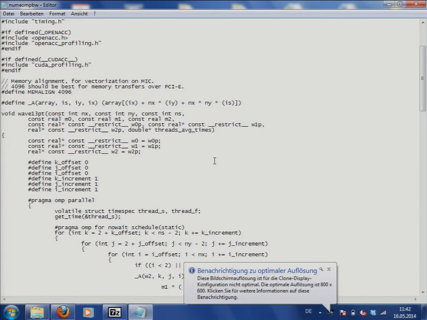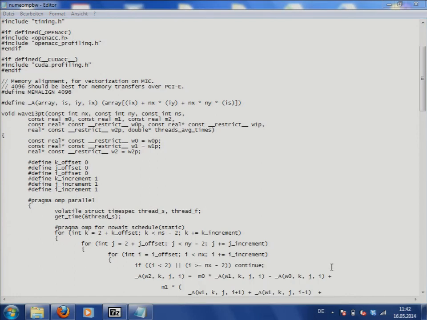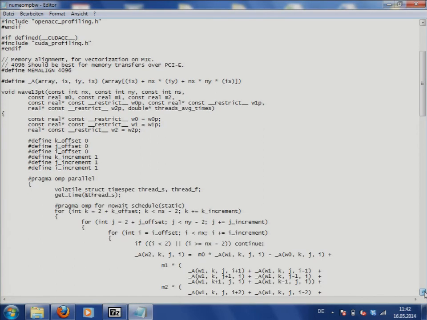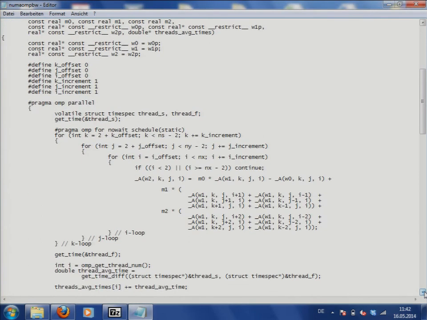And this is actually a stencil code, very similar to the one we have seen in our lecture, but this is a stencil code which has 2 arrays on the right-hand side, W0, where we only load 1 element, and W1, where we access a second-order stencil.